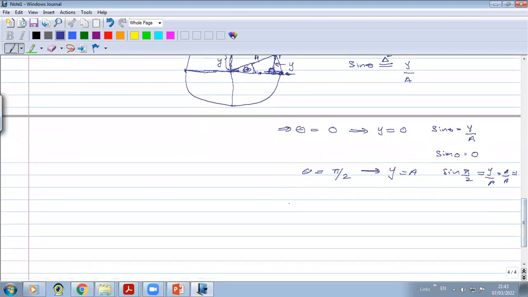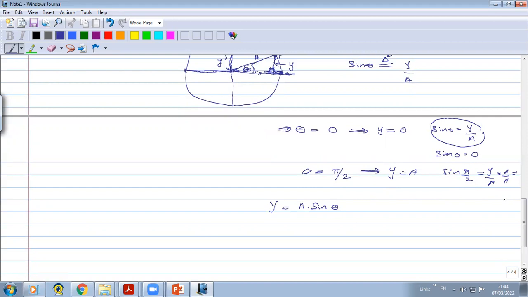By this definition, we can say that y is equal to a into sine theta. We can just multiply this side by a, then y is equal to a sine theta.